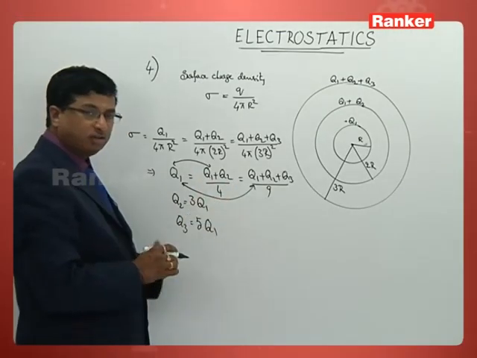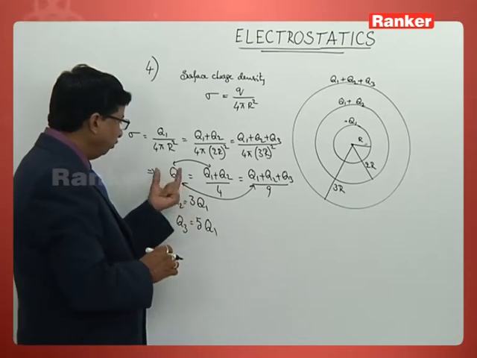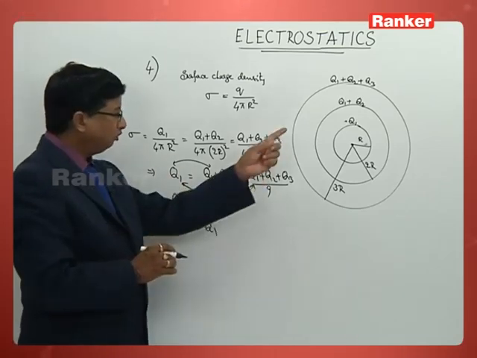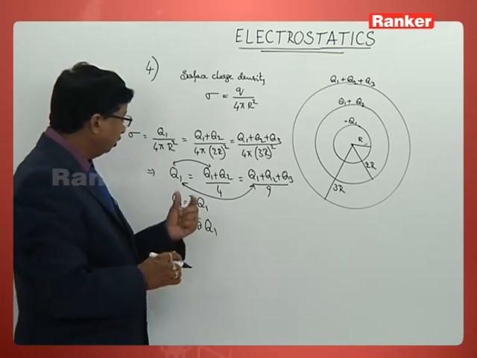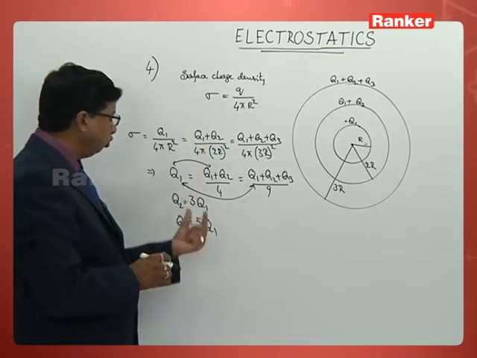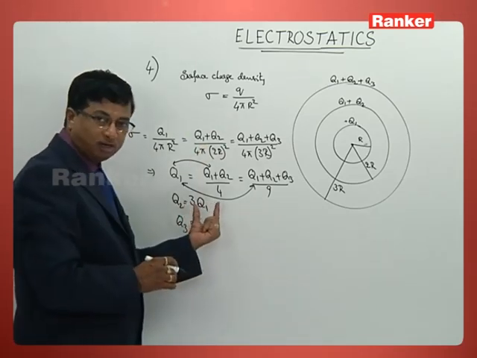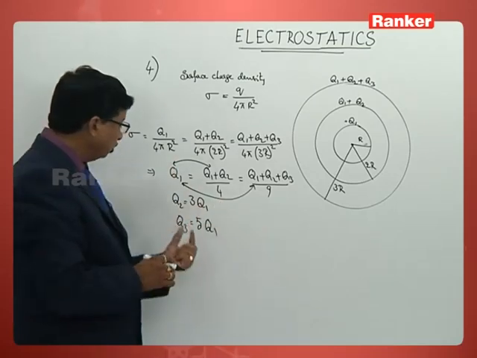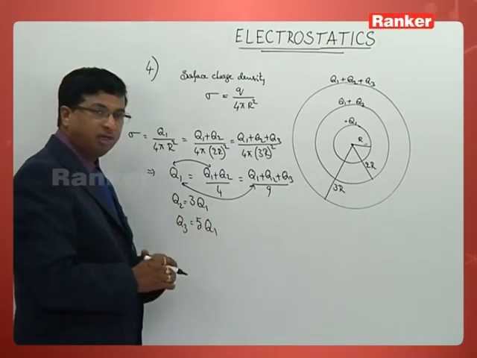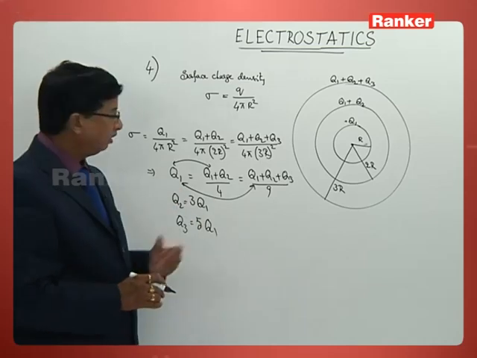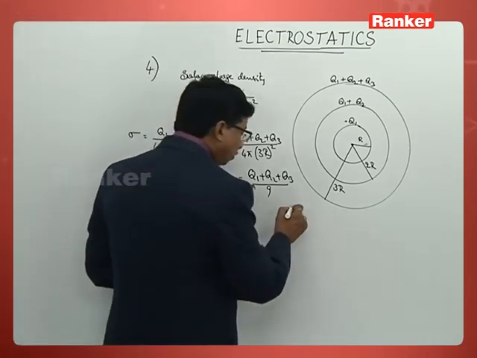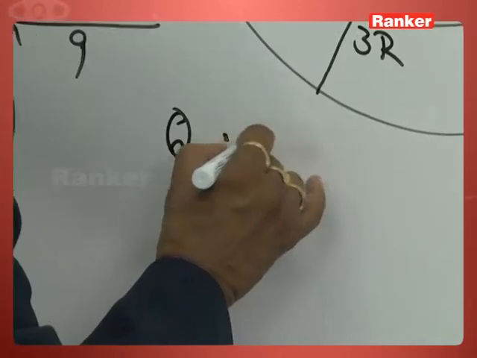Look at this simplification carefully. You will be getting first charge as Q1. There is no change in that value. Q2 now in terms of Q1 will be 3Q1. Exactly like that, Q3 in terms of Q1 will be 5Q1. Then what is the ratio? That is the question that is asked.